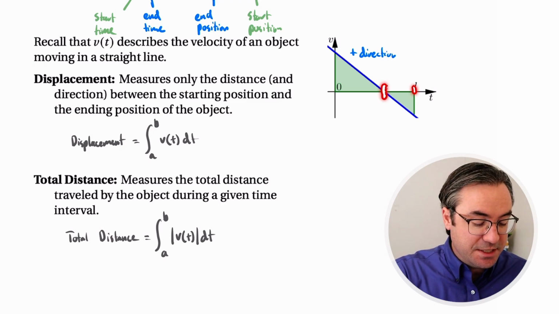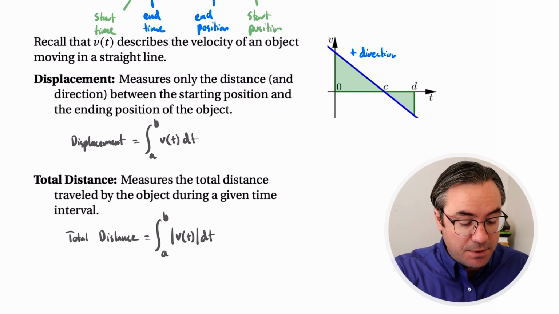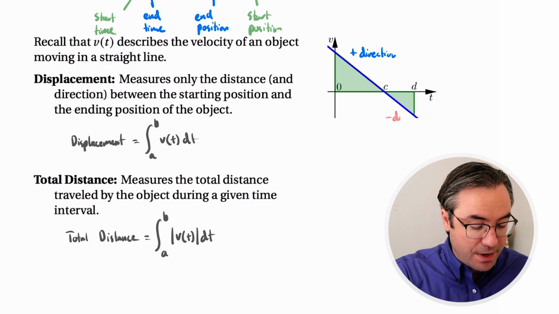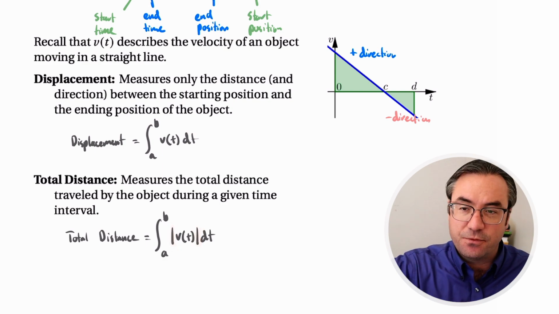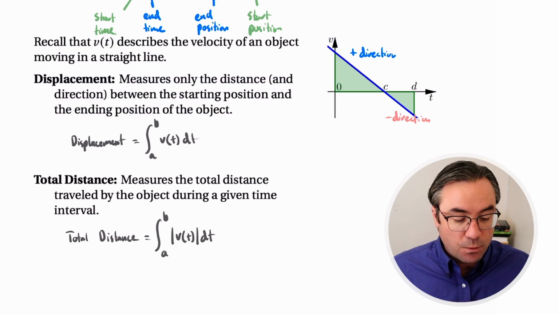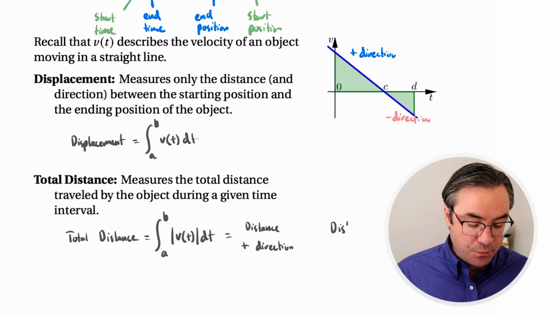Now going from time c to time d, our velocity function's negative, so this must mean we're moving in the negative direction. So how we handle the absolute value here is we're going to figure out the distance that our object travels going in the positive direction. And then separately, we'll figure out the distance that it travels going in the negative direction.